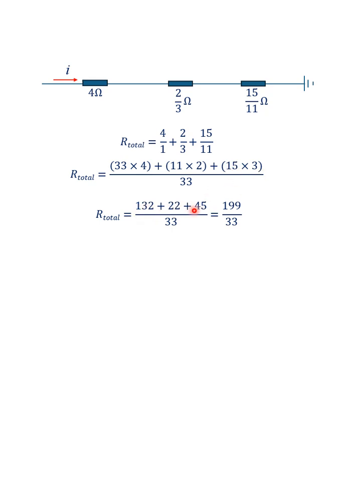By the time you add everything together at the numerator, it gives you 199 over 33. So 199 divided by 33 in your calculator will give you a total resistance of 6.03 ohms. So this is the total resistance of the circuit we started analyzing.